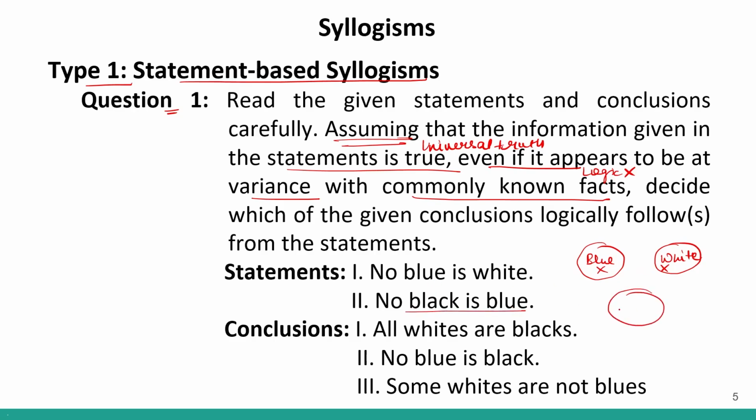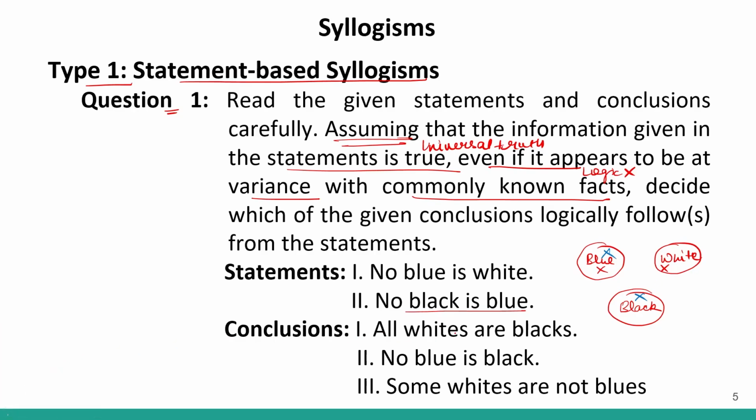So now we have a separate entity called black, and blue and black will not overlap. I'm using a different pen to highlight that. The red one depicts that blue and white cannot overlap, and the blue one depicts that blue and black cannot overlap. Now if you look at white and black, they don't have the same colored cross. That means they can overlap. It is a possibility.